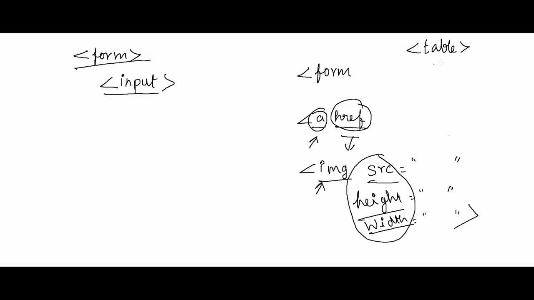Inside table, we had tr and td. These are elements. So now you can understand what an attribute is and what elements are.